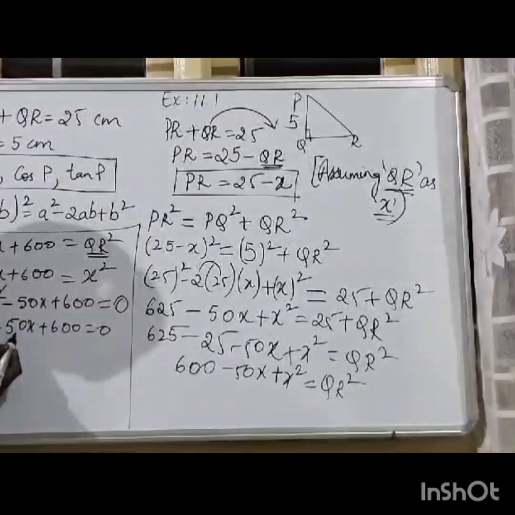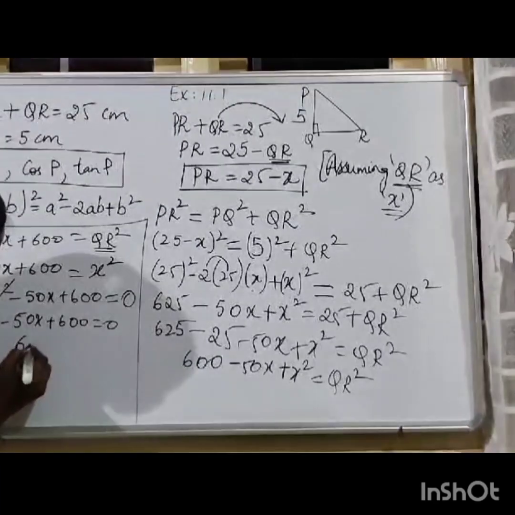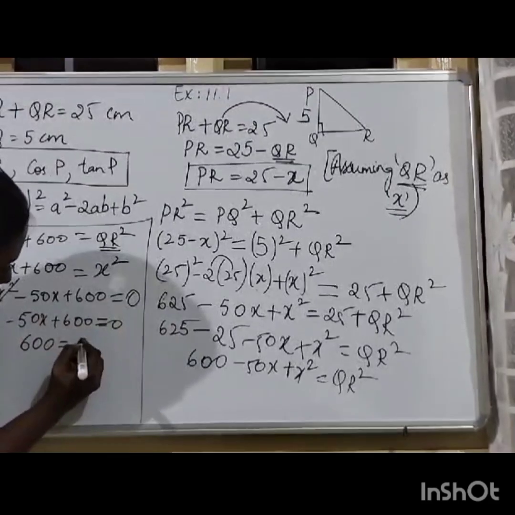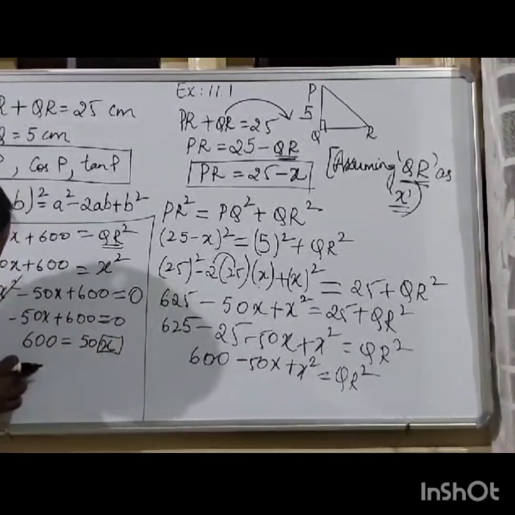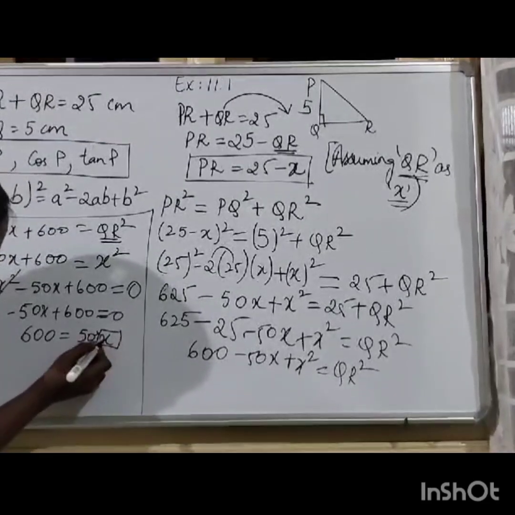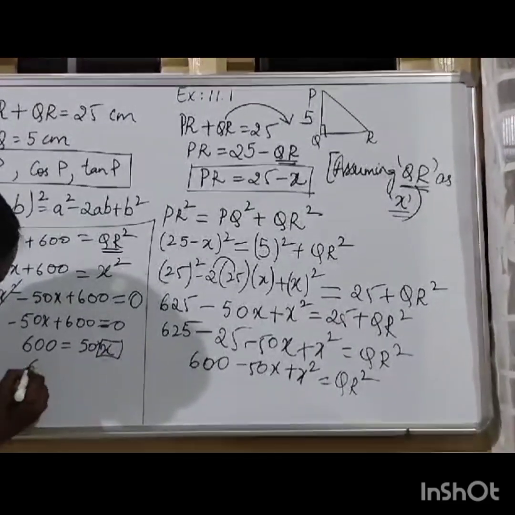Now this minus 50x we will take to the RHS. When minus 50x crosses the equal sign and comes to this side, it becomes plus 50x. We need the value of x. So 50 will come to this side. Here it is multiplication between these two. So when 50 crosses the equal sign and comes to this side, it goes to the denominator.